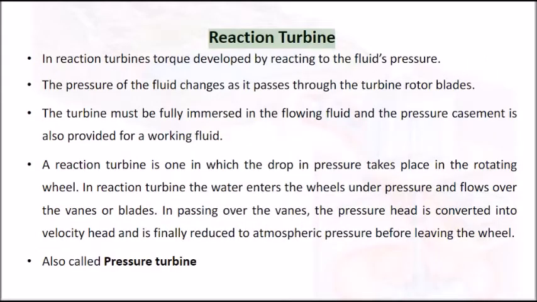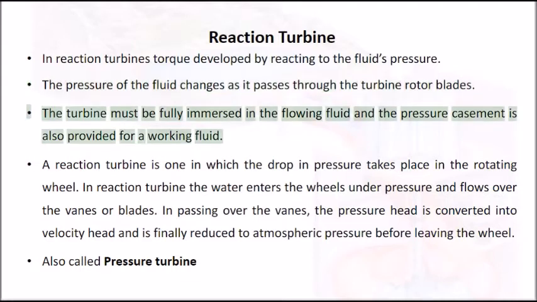Reaction turbine. In reaction turbines, torque is developed by reacting to the fluid's pressure. The pressure of the fluid changes as it passes through the turbine rotor blades. The turbine must be fully immersed in the flowing fluid, and a pressure casing is also provided for the working fluid.